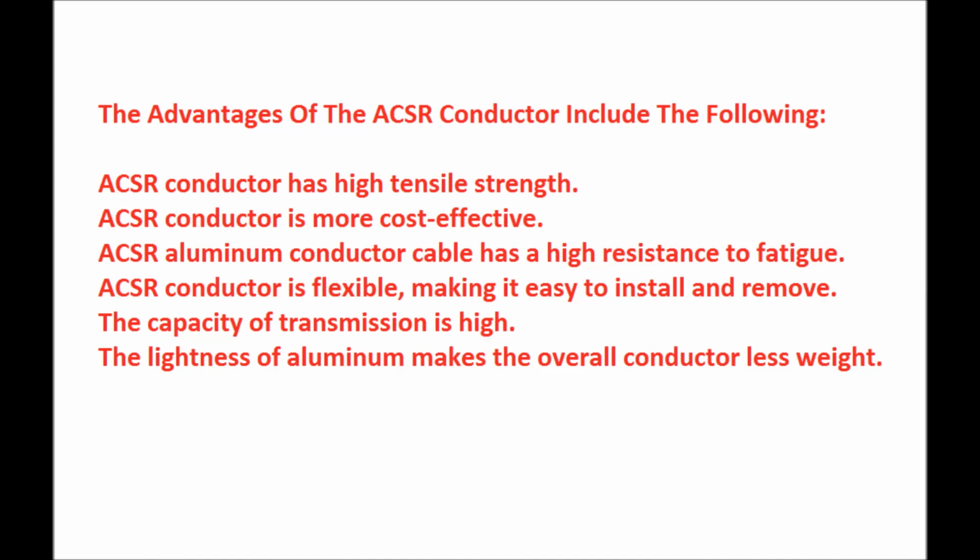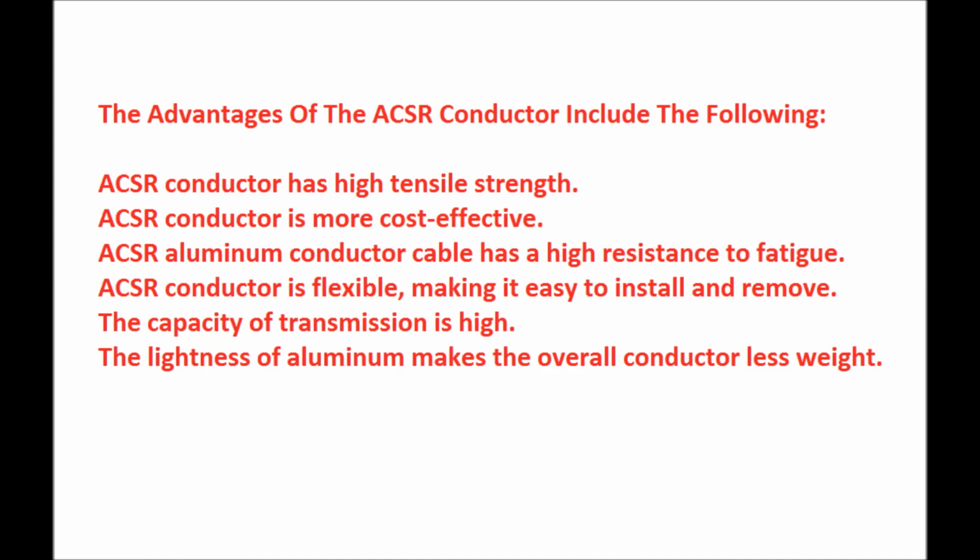Number 4, ACSR conductor is flexible, so it is easy to install, and also easy to transport from one end to another. The capacity of the transmission line is high depending upon the voltage level of the transmission line.